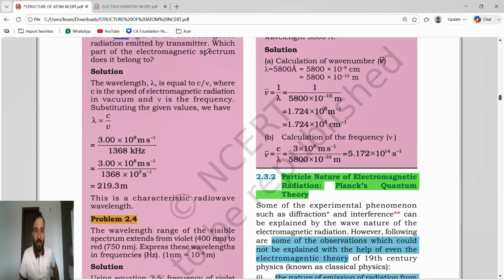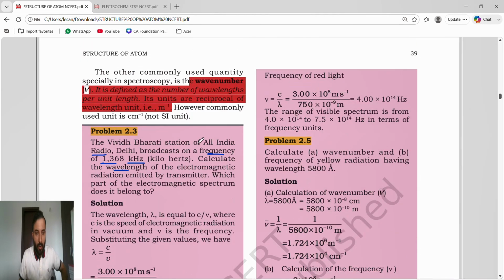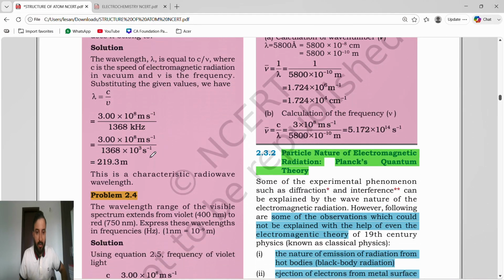They also asked which part of the electromagnetic spectrum it belongs to. They are talking about All India Radio, so this is the characteristic radio wavelength. Radio wave, because they are talking about radio.